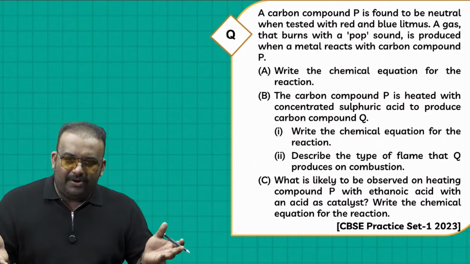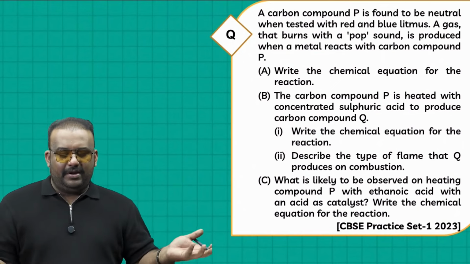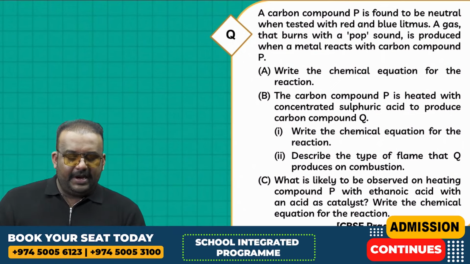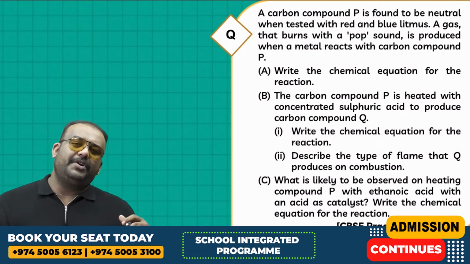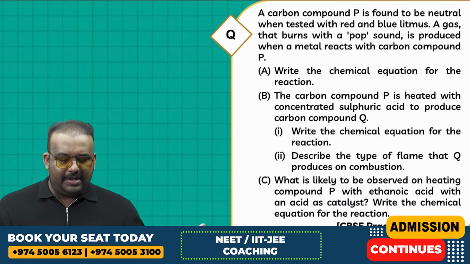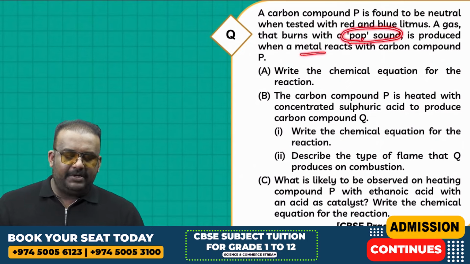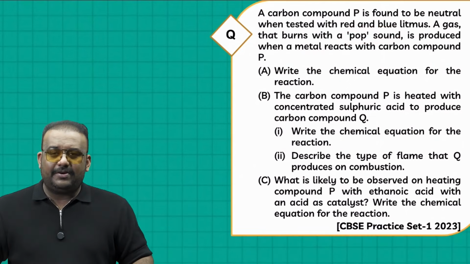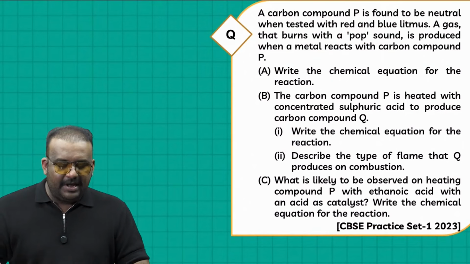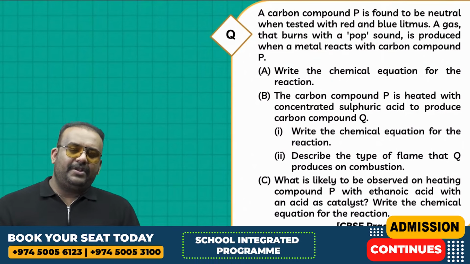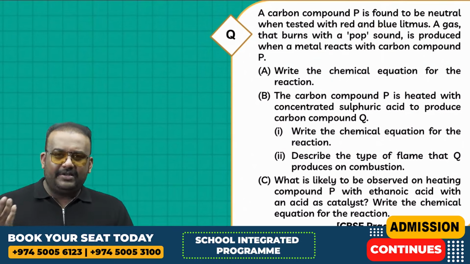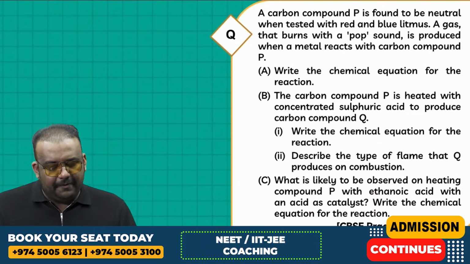It should be an alcohol, because it's neutral with the red and blue litmus. That means it's not going to be a carboxylic acid, it should be an alcohol then. And it reacts with a metal and produces a gas that burns with a pop sound. So obviously it is alcohol, because the gas is going to be hydrogen, ethanol reacting with sodium forms hydrogen. We have seen that in a couple of questions before.